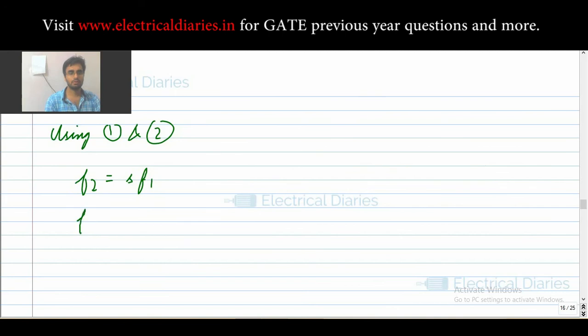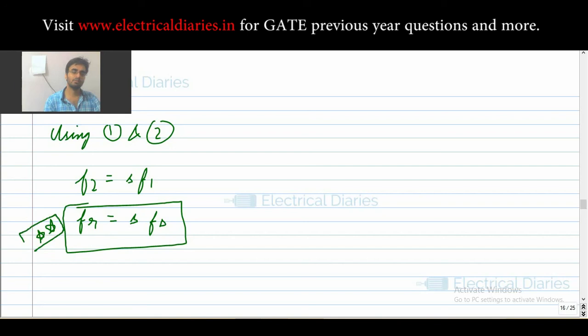F2 was the frequency of the induced EMF in the rotor, S is the slip, and F1 is the frequency of the induced EMF in the stator. This is a very standard expression for any induction machine, whether it is working in motoring mode or any mode. So you just have to remember these things.